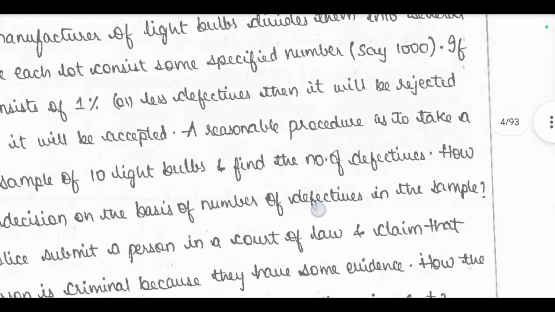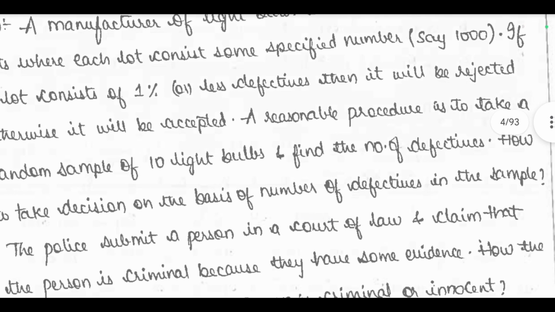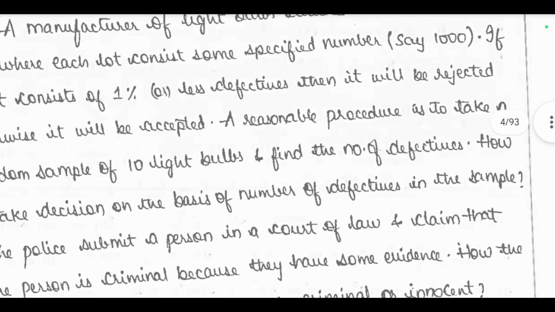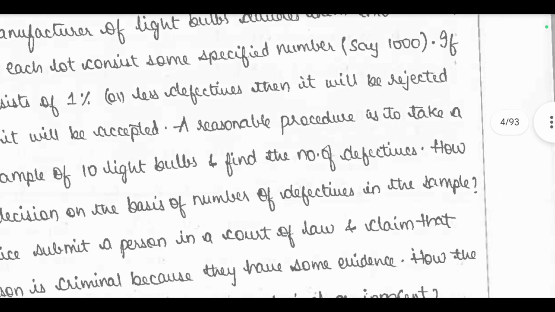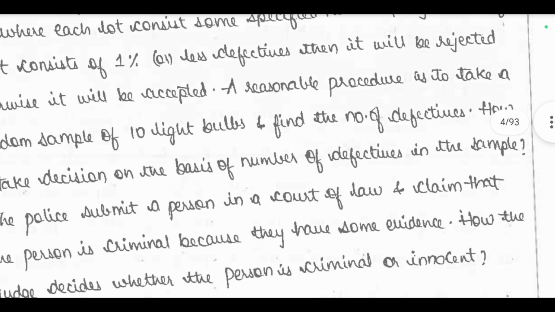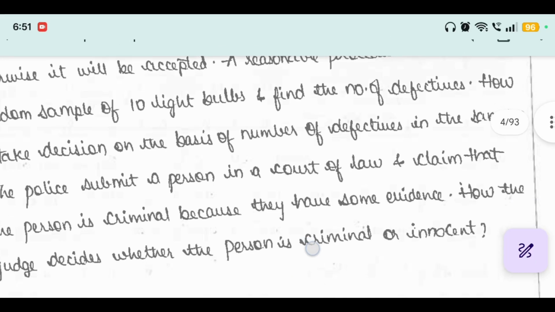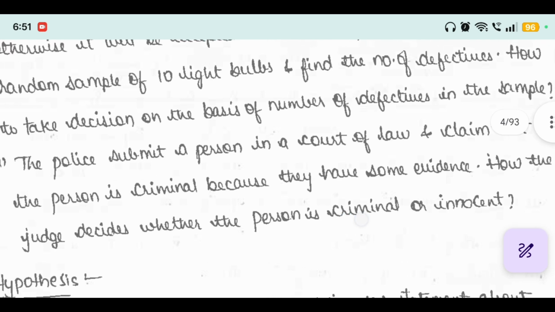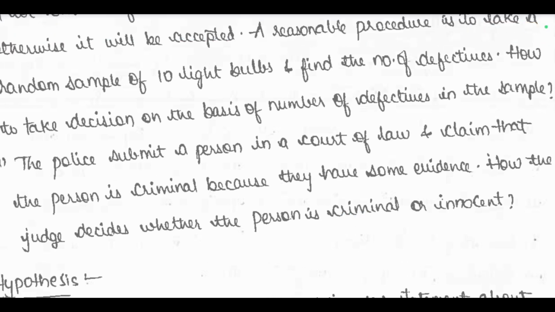A reasonable procedure is to take a sample of 10 light bulbs and find the number of defectives. How to take a decision on the basis of the number of defectives in the sample? So here, this is the situation where we can face the testing of hypothesis.